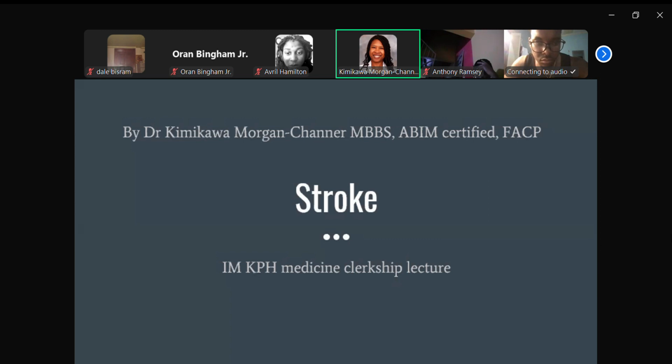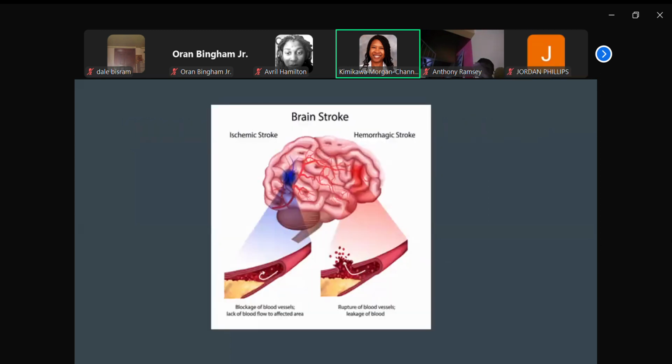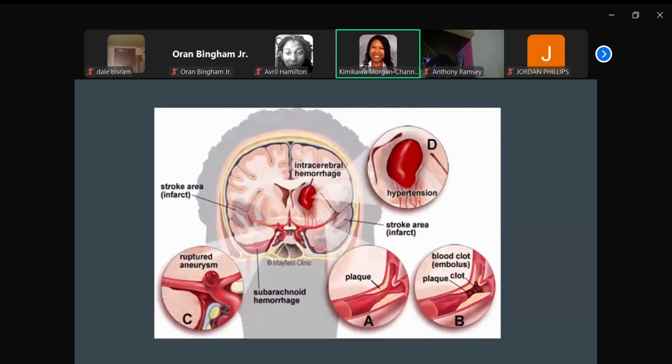Two types of stroke: hemorrhagic and ischemic, where ischemic stroke is around 80% of all stroke presentations. Hemorrhagic stroke can occur in the basal ganglia area here, and the etiology can be multifactorial. An aneurysm can rupture.